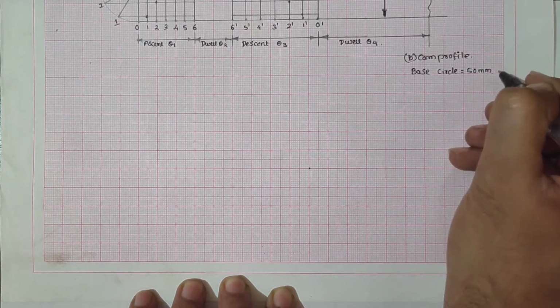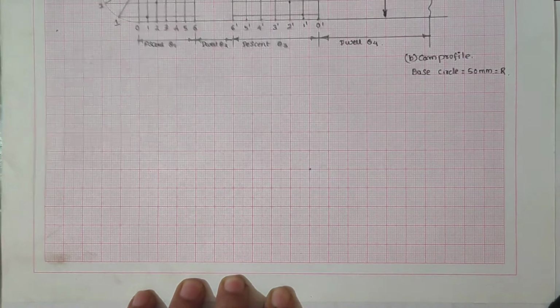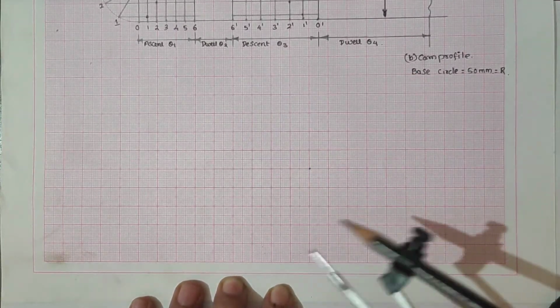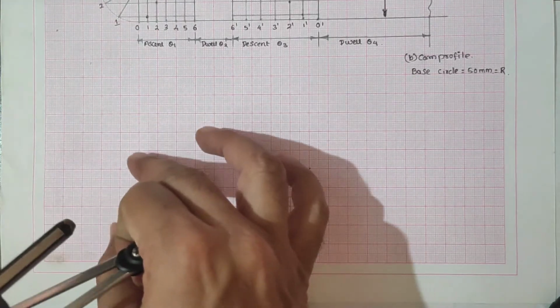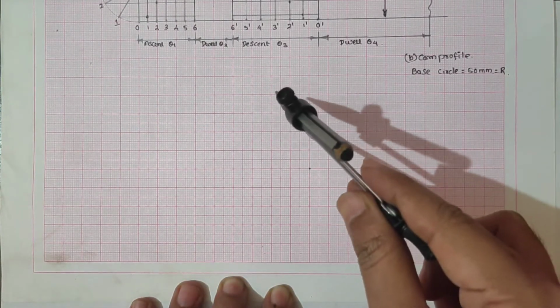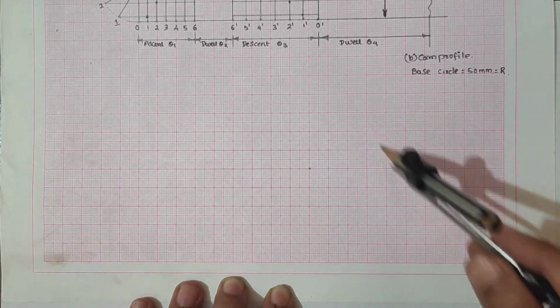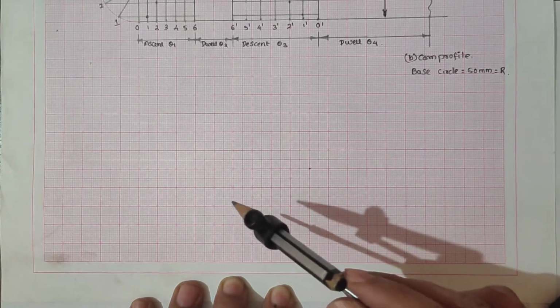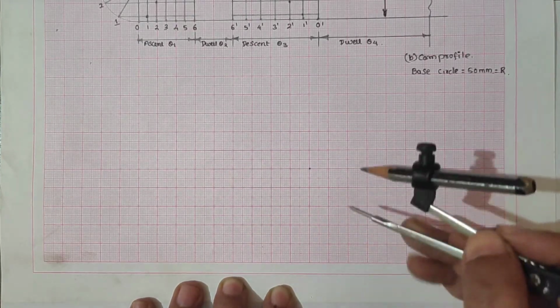This means it is the radius r. So choose the appropriate area, but make sure that the cam profile is going to come on the left side. Why should it come there? Because the cam is rotating in a clockwise direction, the profile will be coming in an anti-clockwise direction.